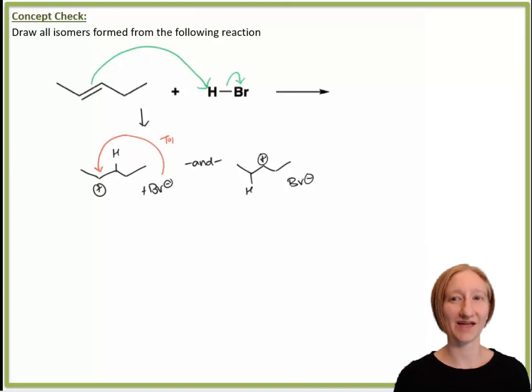Then for each carbocation, the nucleophilic bromide can attack from the top or the bottom face, giving two enantiomers of the product.